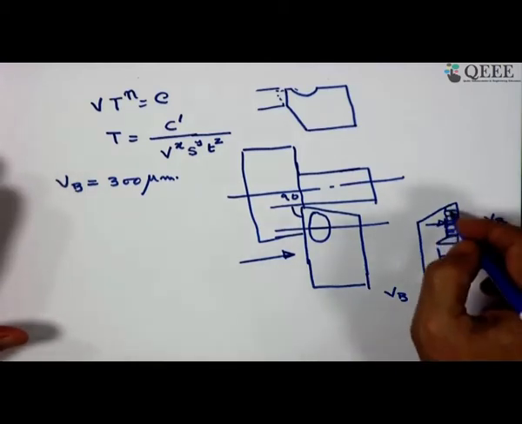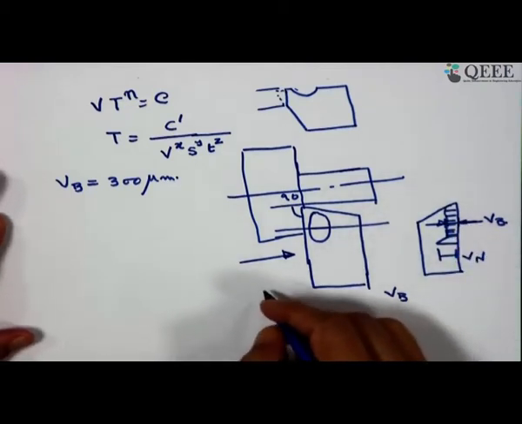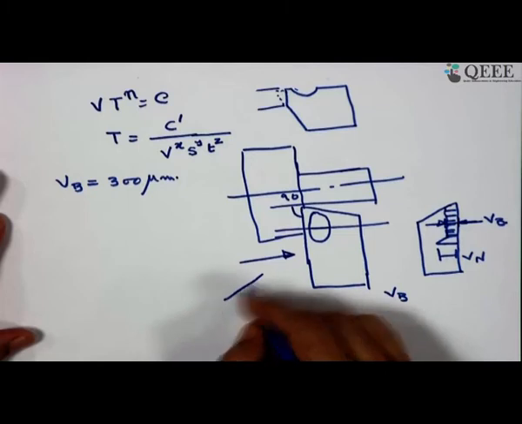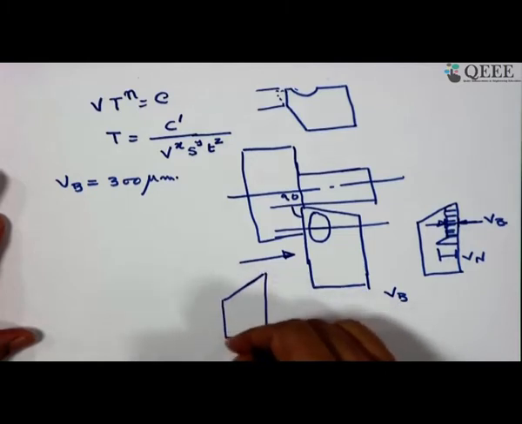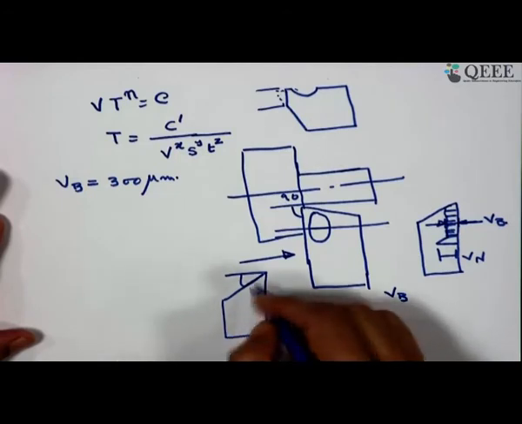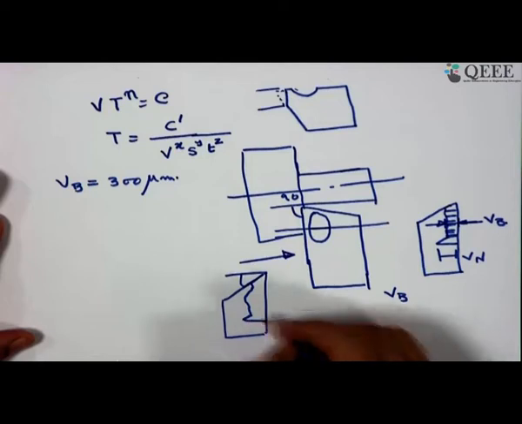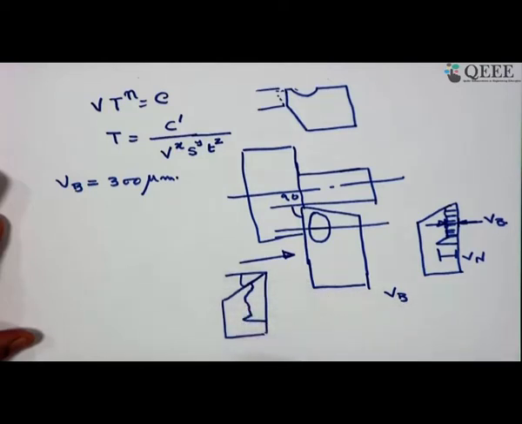Now, if this wear is not uniform, I draw one more figure. This gives you the clearance, and here you have the wear, and it comes like this, and then you have the V notch, and here it is not that uniform.